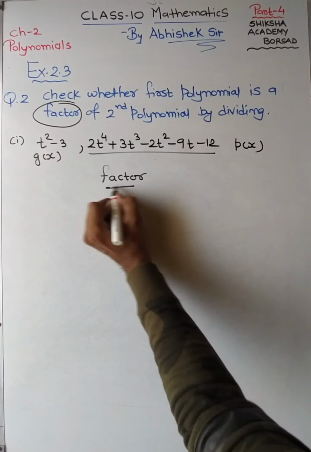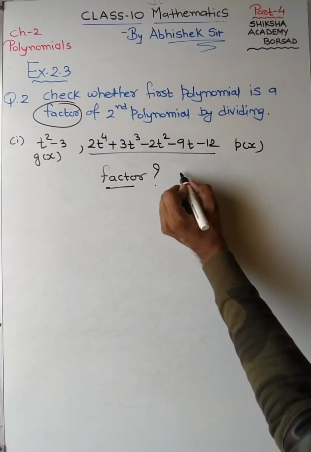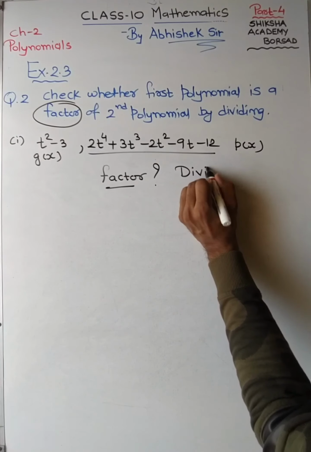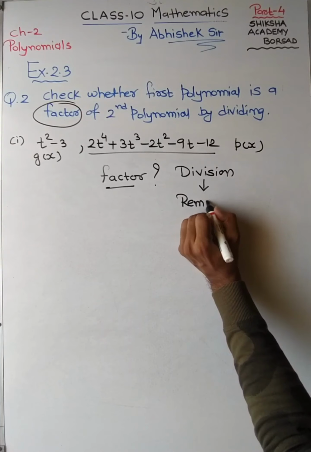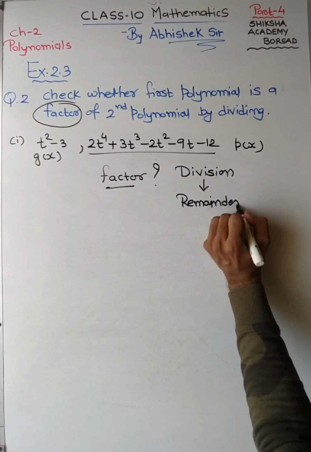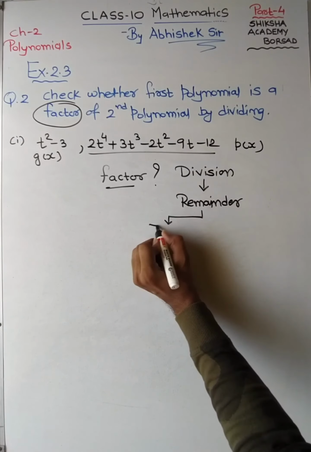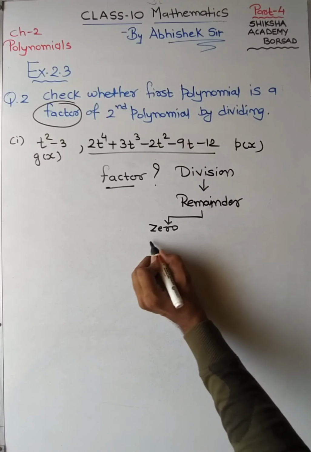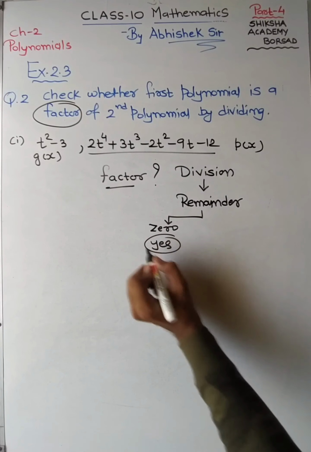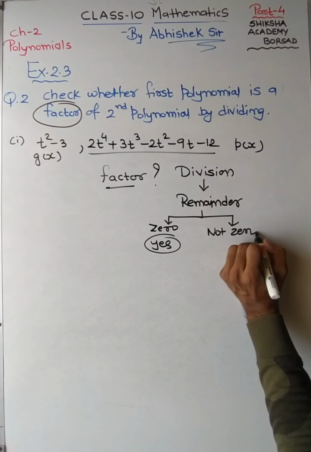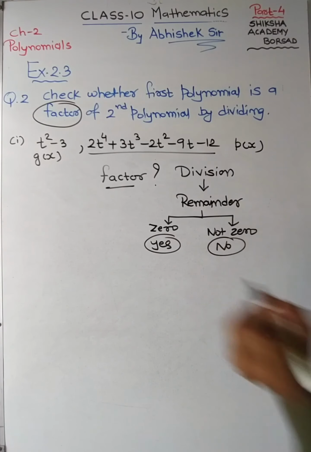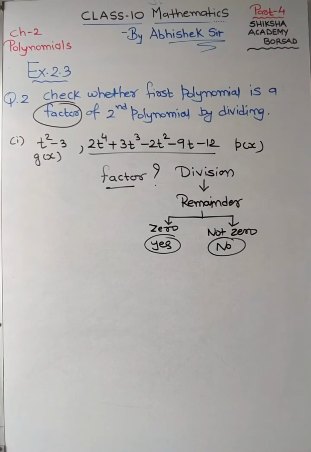The hint is after division, if the remainder is 0, then yes. If it is not 0, then the answer will be no. Clear how to determine the factors?